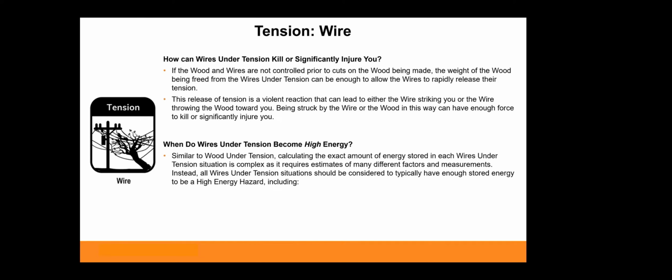Similar to wood under tension, calculating the exact amount of energy stored in each wires under tension situation is complex, as it requires estimates of many different factors and measurements.